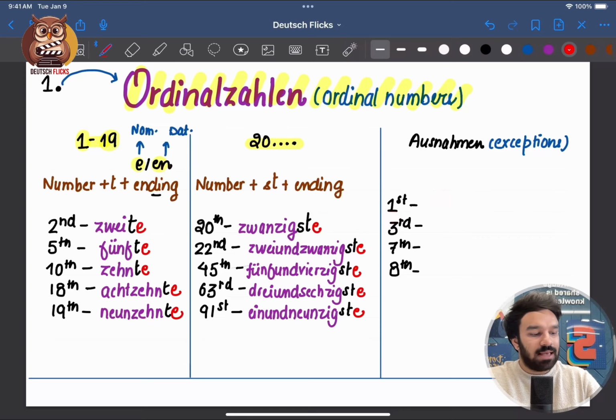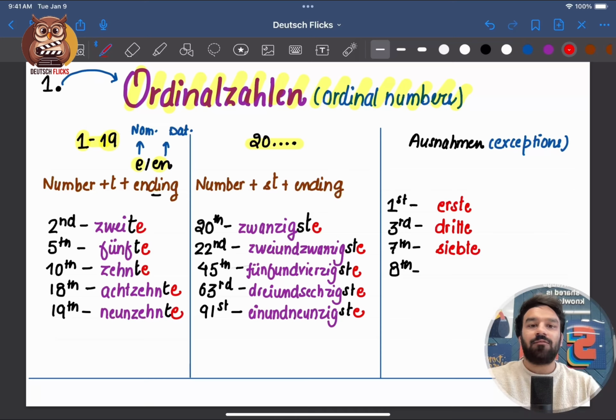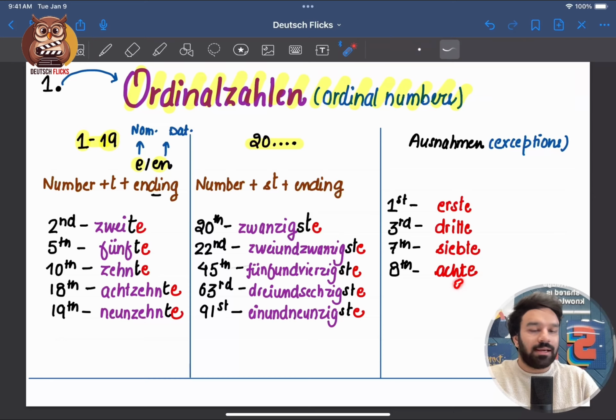But it is erste. Number third should ideally be dreite, but it is dritte. And for 7th, you can make a wild guess. Instead of saying siebente, we say siebte. And for number 8, we will take the number as it is, but we will just write the ending e. So there is no double t here. That is not required. So we simply say achte.